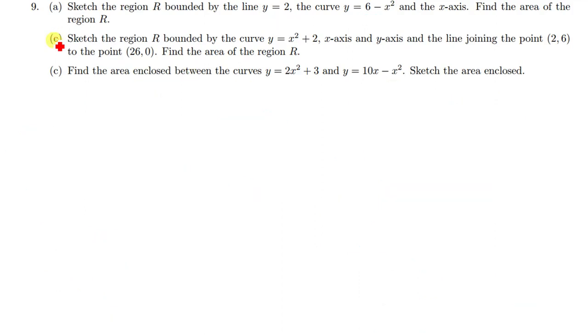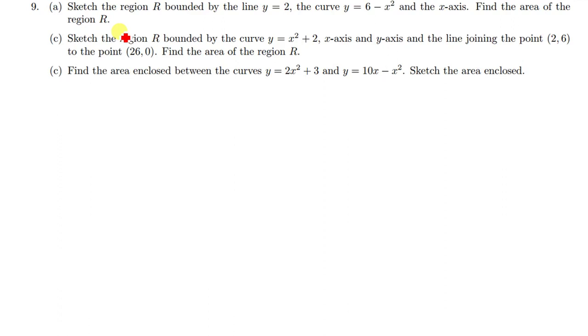So B is saying sketch the region R bounded by the curve y is equal to x squared plus 2, the x-axis and the y-axis, and the line joining the point 2, 6 to the point 26, 0.